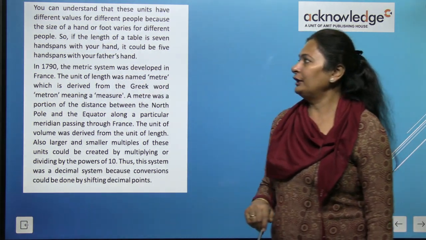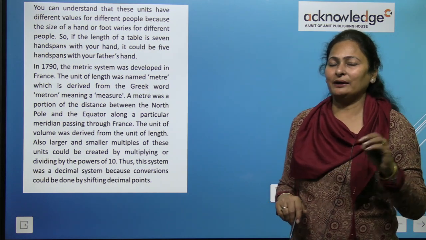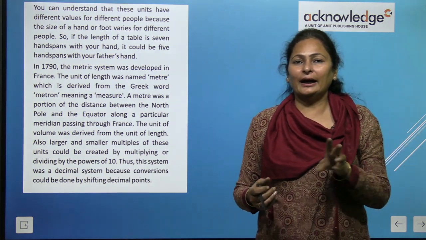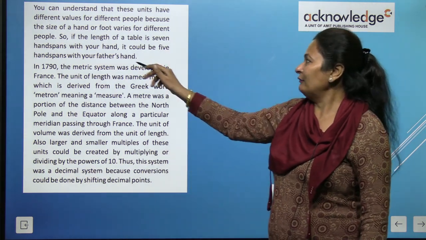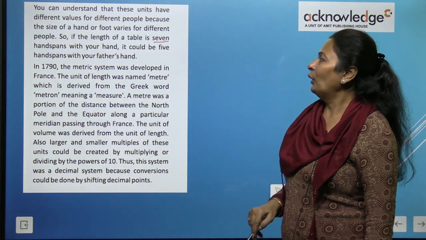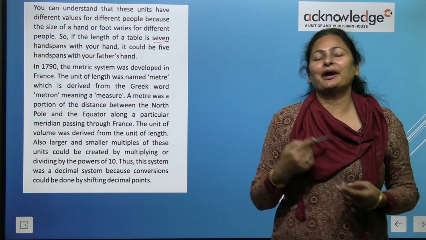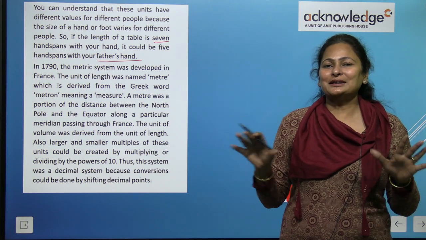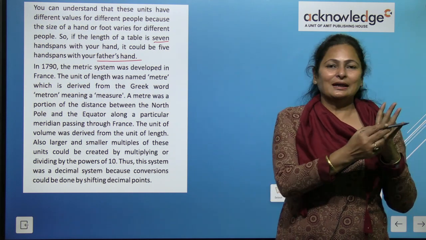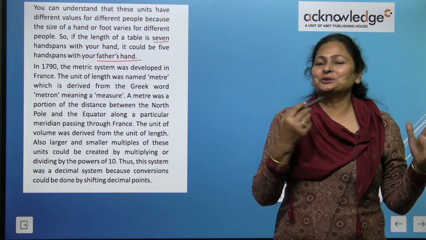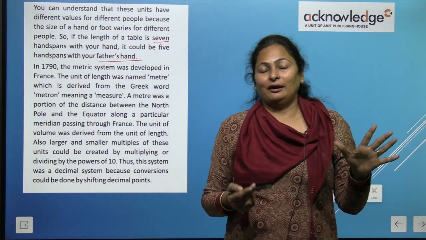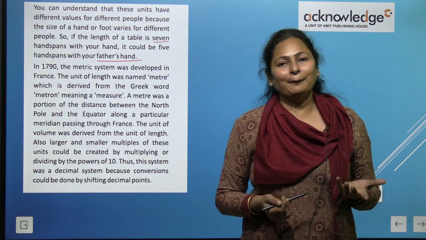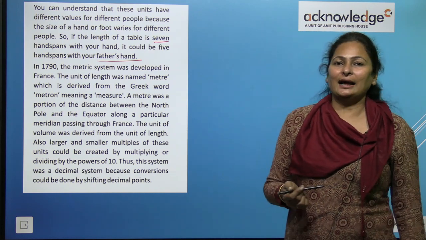If the length of a table is 7 hand spans, there is a table and we are measuring with our hand span. If it is 7 hand spans with your hand, it could be 5 hand spans with your father's hand, right? An adult person has a bigger hand as compared to a kid, right?